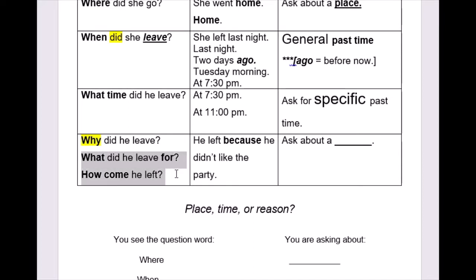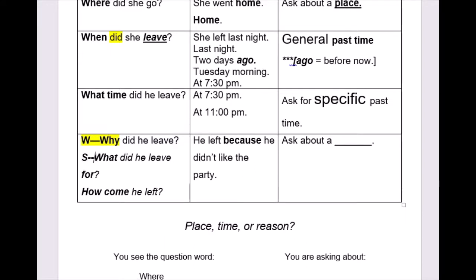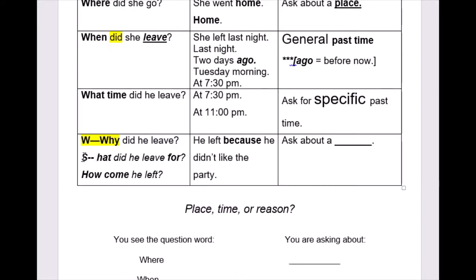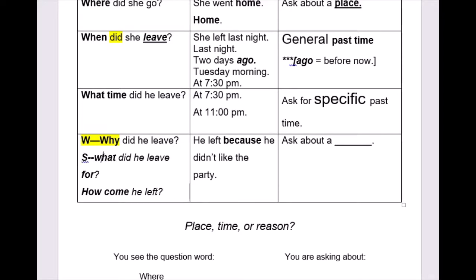What did he leave for, or how come he left? Those are more for speaking, okay? So keep that in your notes. For writing, you can use why. For speaking you can also say why, that's okay. But for speaking, these other two are more common, okay?